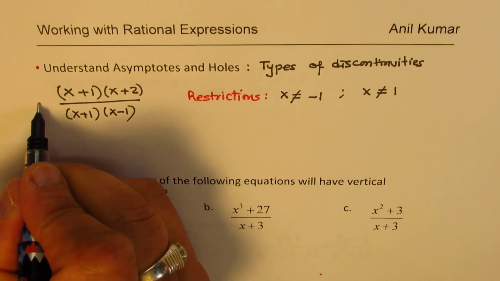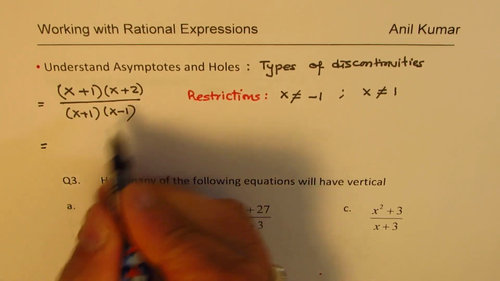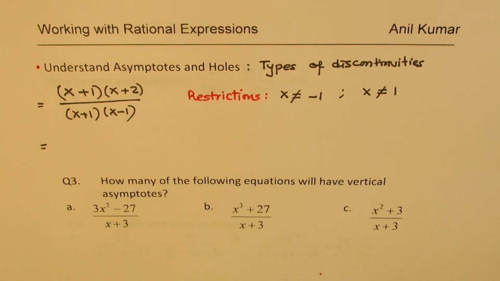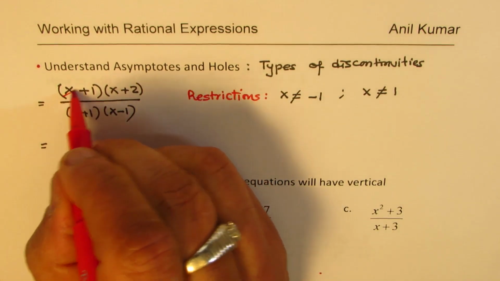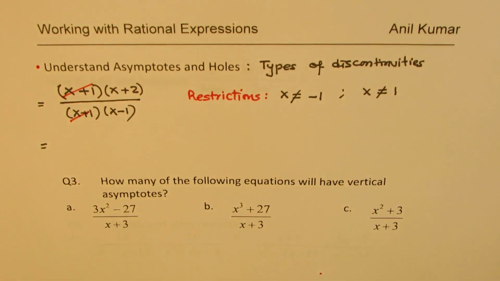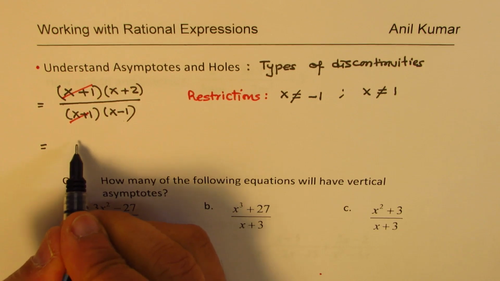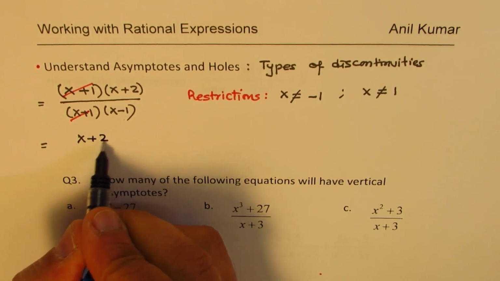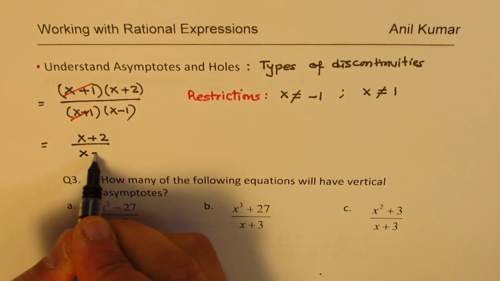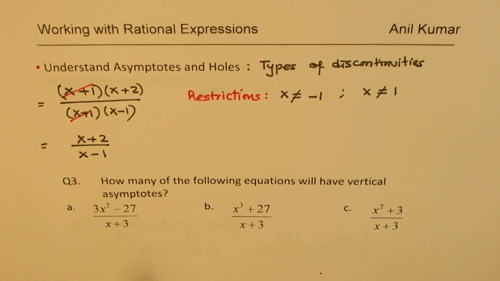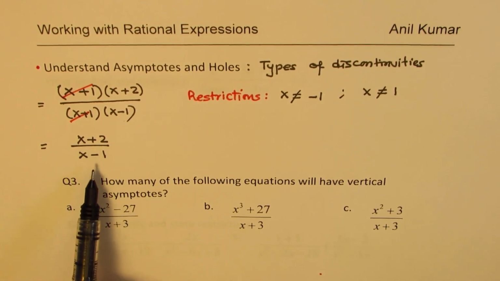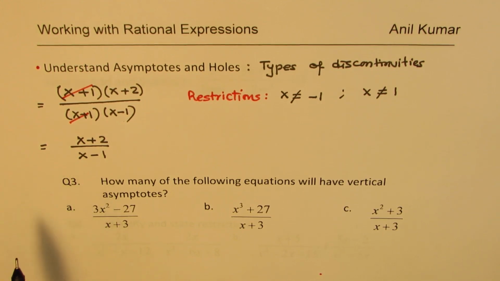But see what happens. If I go to the next step of simplifying, then I will actually cancel one of these terms. And as soon as I cancel this, I get x plus 2 over x minus 1. So I'm left with, in my final expression, a simplified version, only one restriction in the denominator, right?